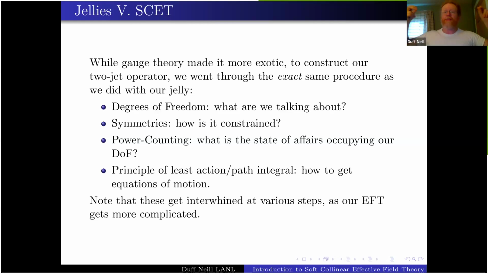In the jelly, it was those global rotations that constrained my jelly, the fact that my jelly had no internal structure. In gauge theory, it's going to be this gauge invariance that's the biggest constraining factor. I had to use my power counting. In other words, I had to ask, what is the primal state of affairs and what are the fluctuations about it? And how big are those fluctuations?